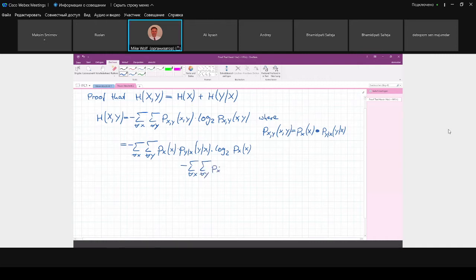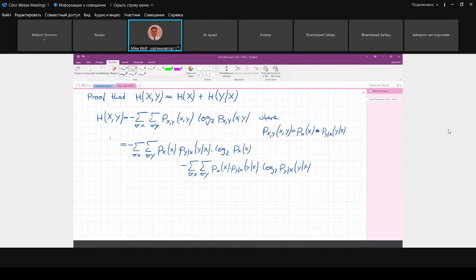Again I write p of x times p of y given x, and then times log 2 of p of y given x, because you can write this as a sum. So now you see, what can we do?